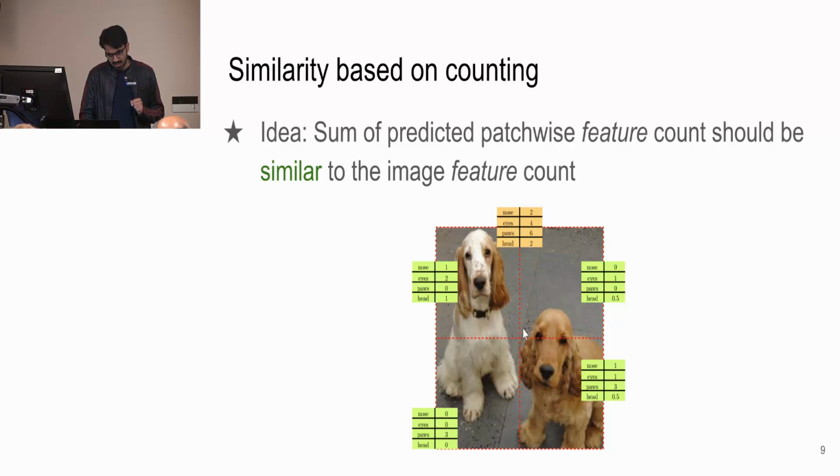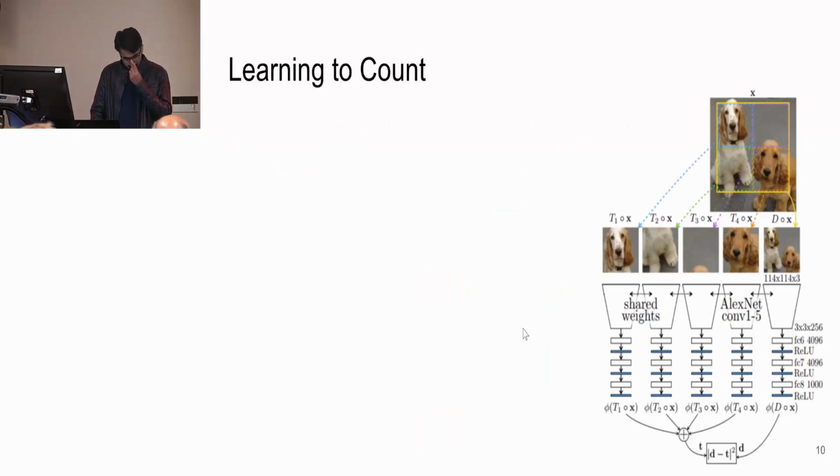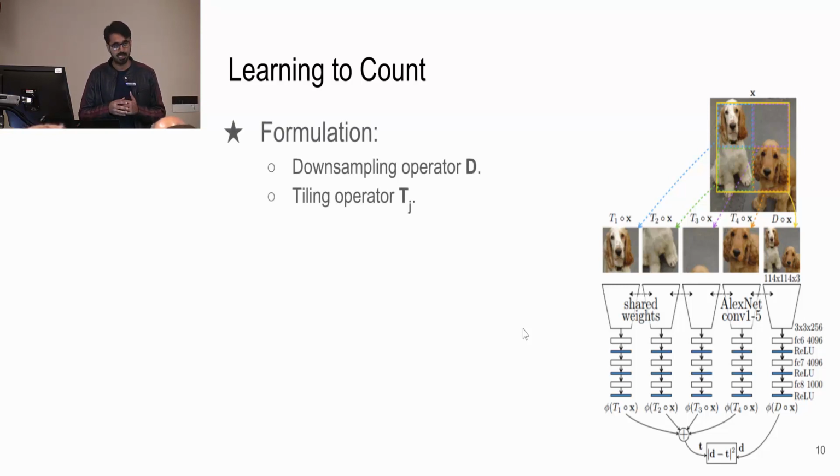They implemented this idea on a modified AlexNet, and they defined two image operators. Given an image X, they downsampled that image and they applied a tiling operator.